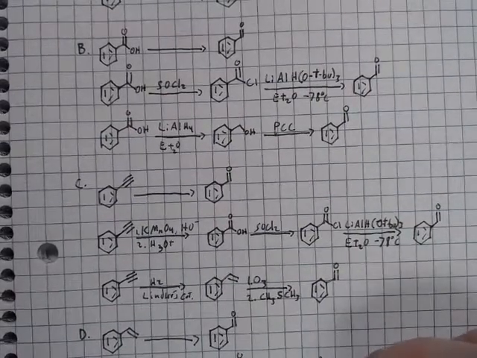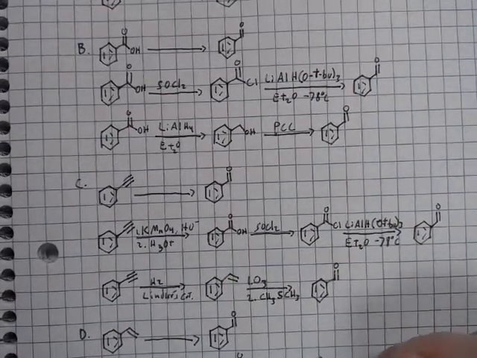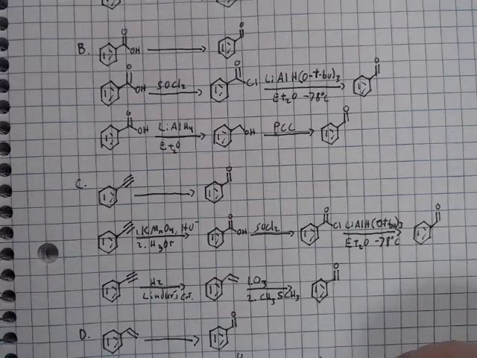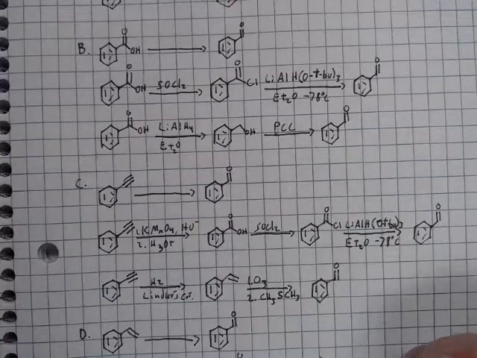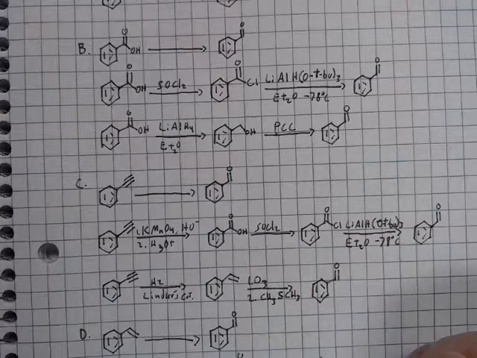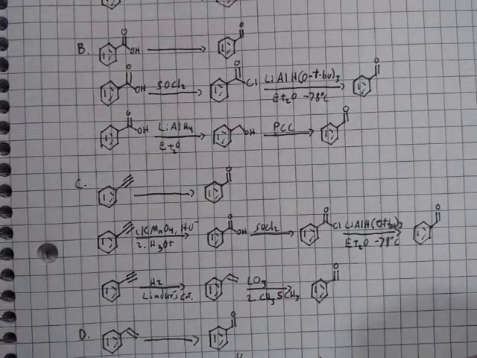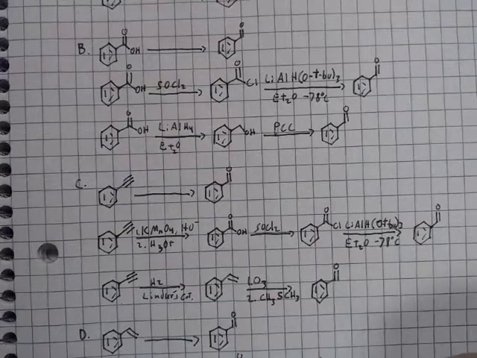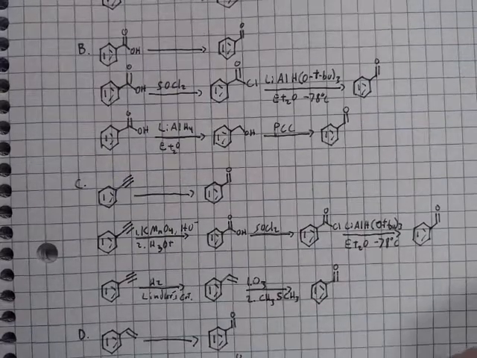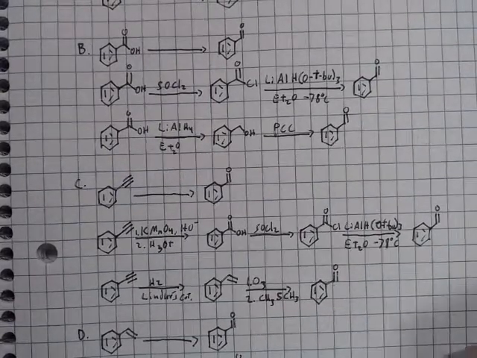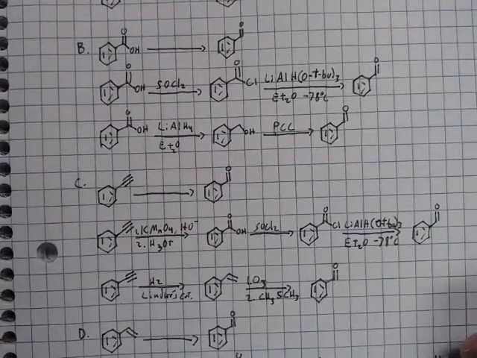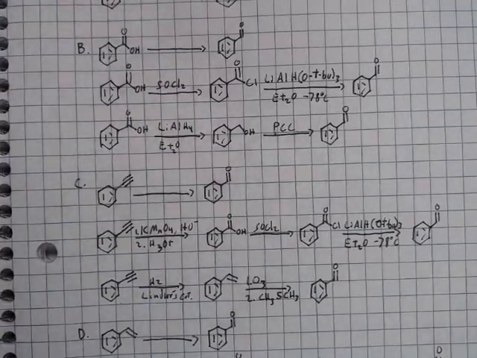and then use aluminum tri-tert-butoxy hydride in diethyl ether, -78°C, to produce benzaldehyde.